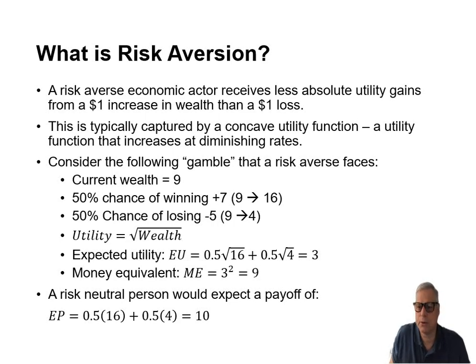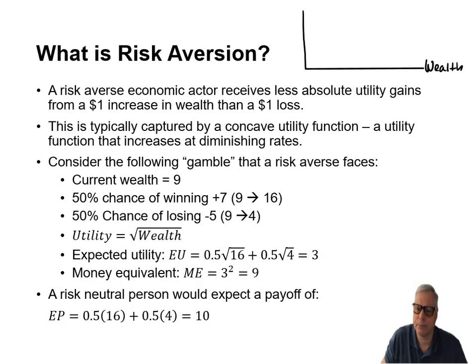So let's draw such a utility function. So we have an x-axis, and there we have typically something like wealth, and then we have the y-axis, and there we normally display the utility, but the shape of the utility function is concave, which means it increases at diminishing rates.